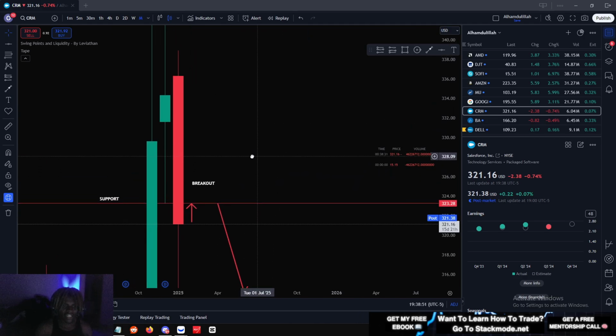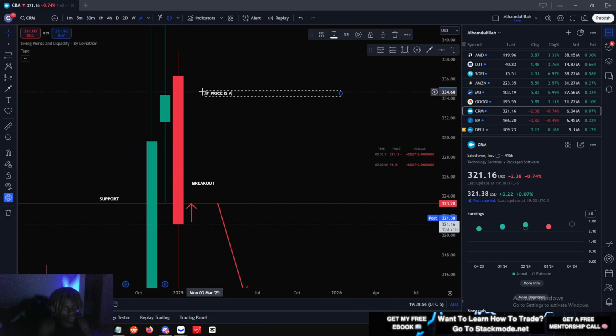So if price is in a downtrend, look for supports above. Look for previous support breaks on the monthly, weekly, and daily. That's it. Only use these three and look for wicks.